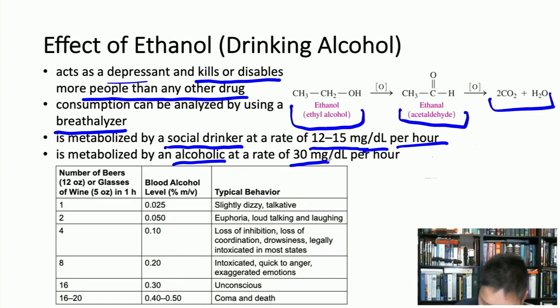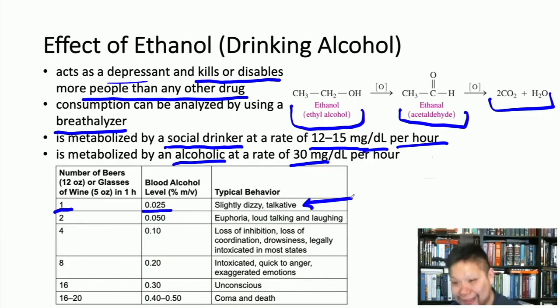Right? So let's break this down into something practical. If you have one 12-ounce beer or a glass of wine in 1 hour, your blood alcohol could be at 0.025. How's that going to affect you practically?